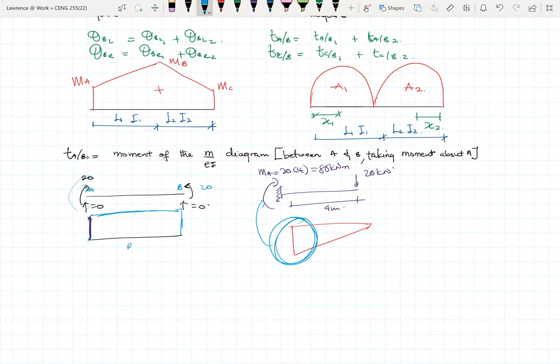So this becomes the bending moment diagram when you have a point moment. In the case where this is about 30, then as I move from A to B, there'll be a slight increase all the way to 30. So these are point moments, and that's how we do the bending moment diagram for point moments.